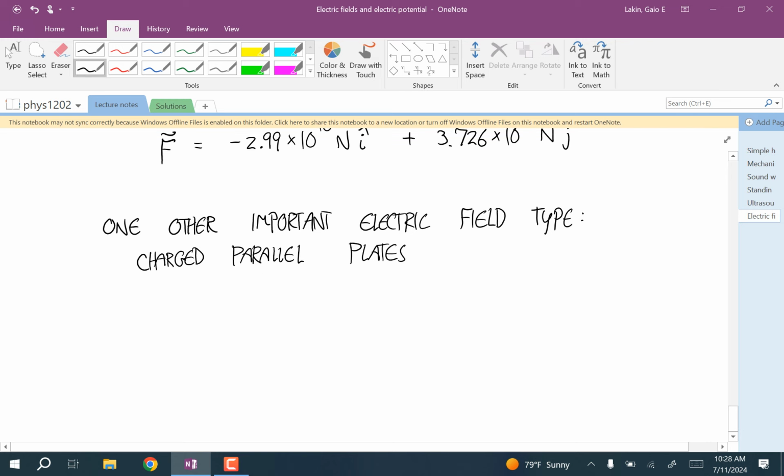Okay, so an example of this would be you have a positive charge on one of these plates, a negative charge on the other plate.